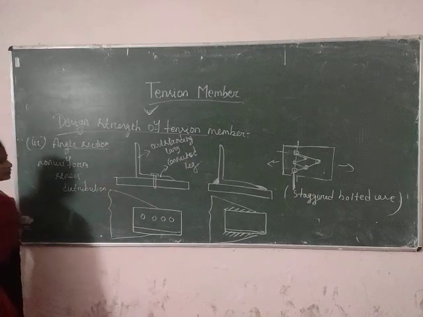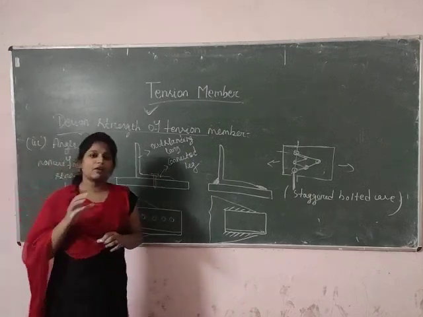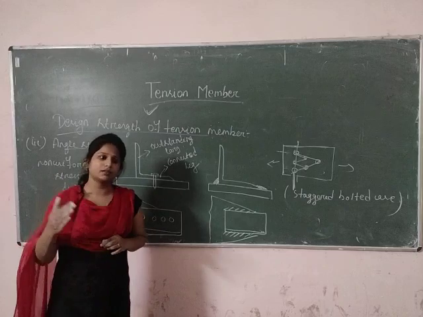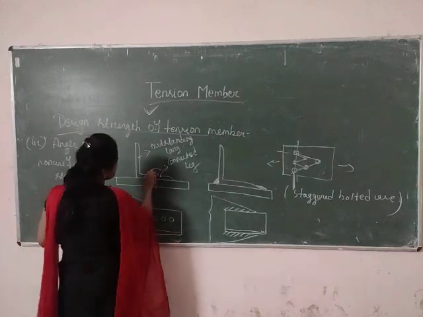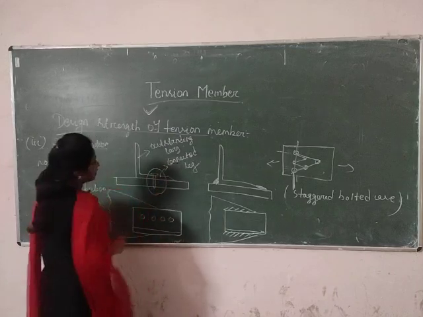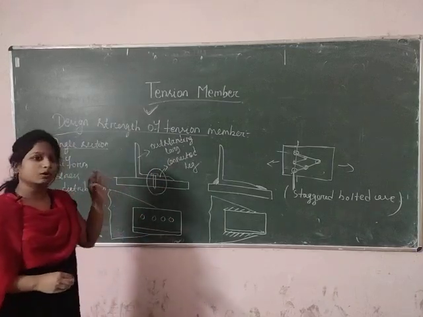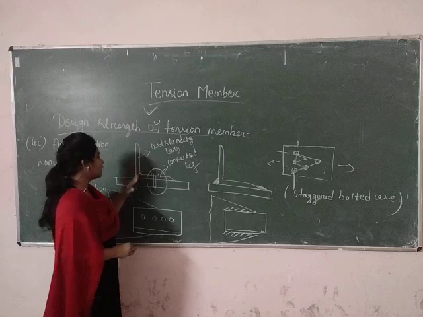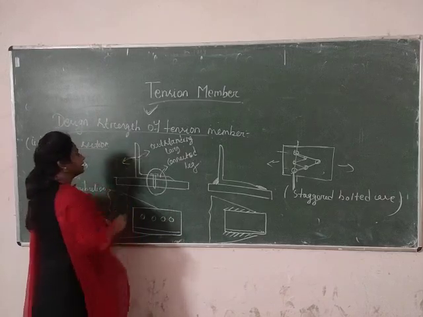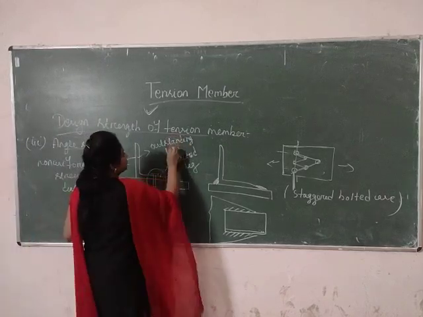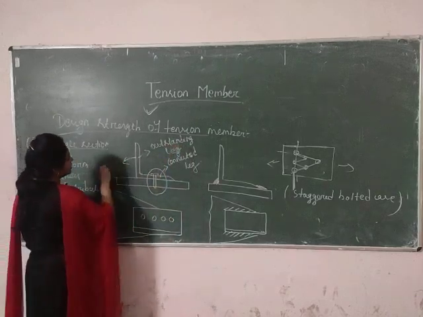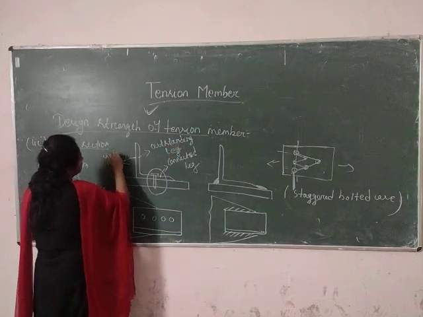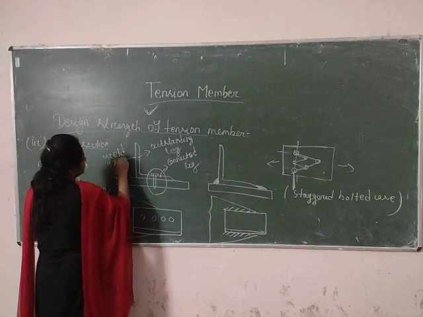Okay, if we say that our connection has reached the ultimate stress, that means here this part is reaching the ultimate stress, while this outstanding leg is reaching the yield stress.